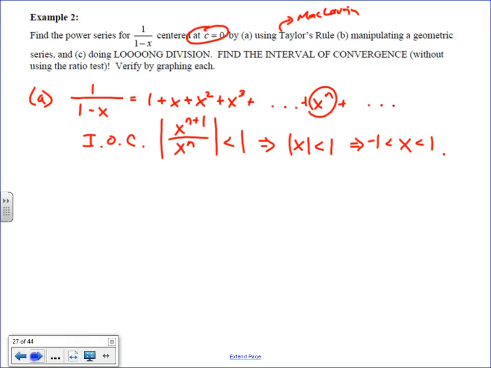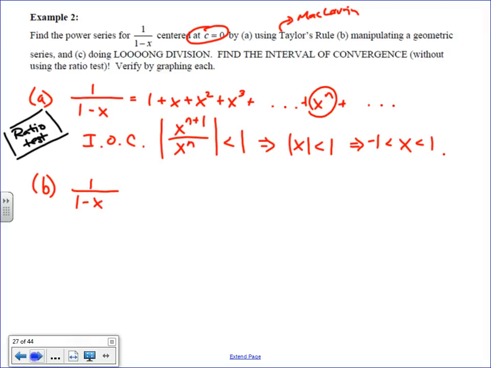So I can use only series, or I can use seeing it as a geometric series. So I could just use the ratio test, which is how we did all of our Taylor-Maclaurins, right?